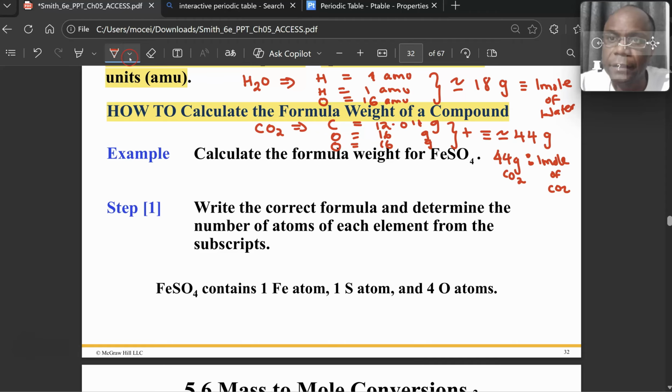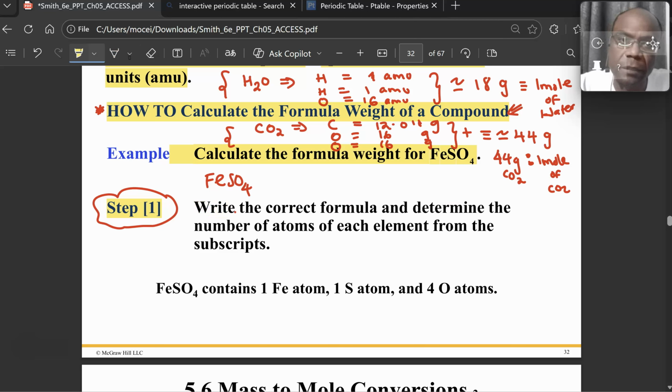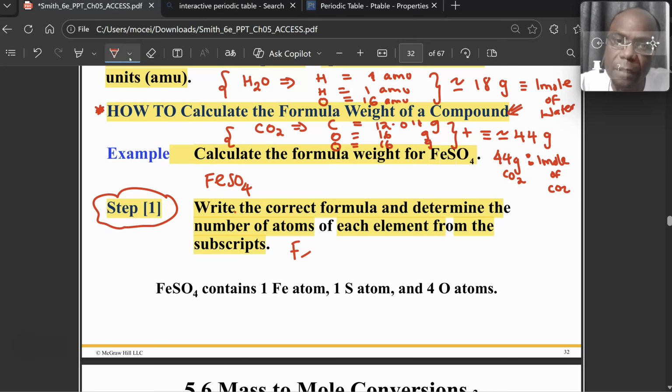How to calculate the formula weight of a compound is basically what I've done in red in these spaces. But let's do an example. Calculate the formula weight of iron sulfate. Iron sulfate is FeSO4. Step 1 will be to write the correct formula and determine the number of atoms of each element from the subscripts. The formula we are given is FeSO4.